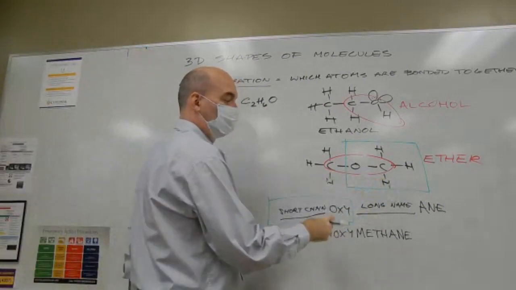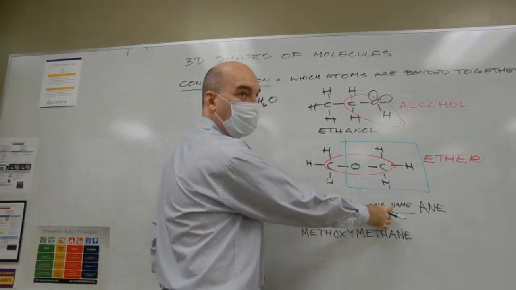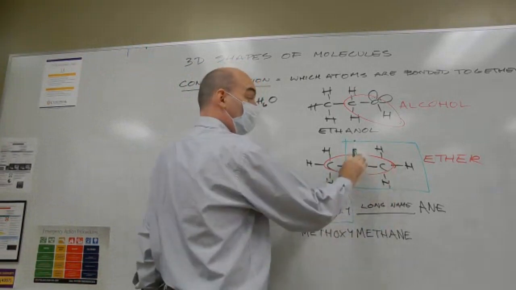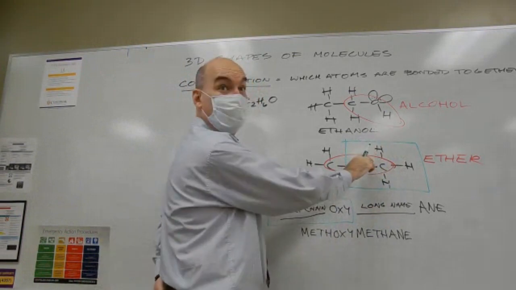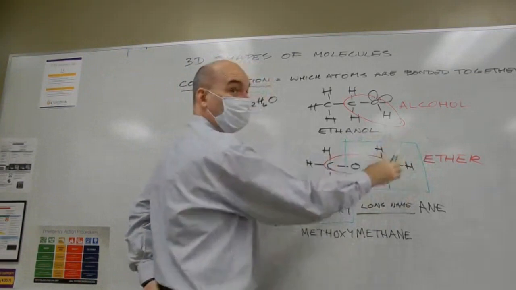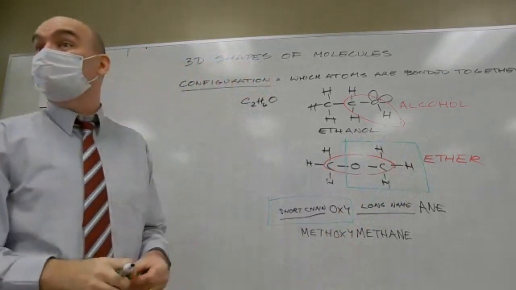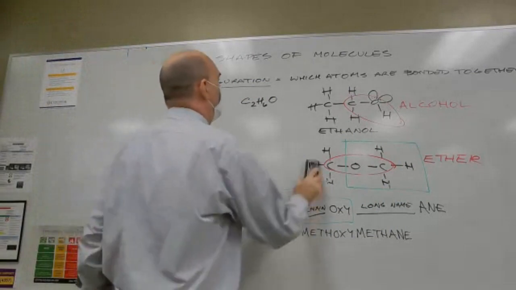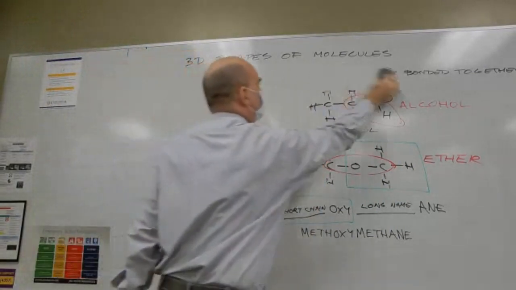These two are both the same length. One of them gets to be the long name of the chain. The other one gets to be the substituent. The oxygen has to find a way into the name some way, somehow. Let's have it be part of the substituent. So the substituent is what's inside the green box.